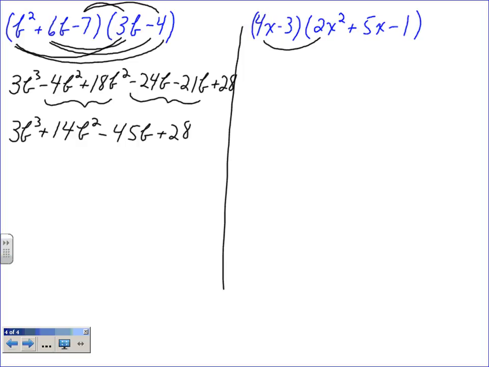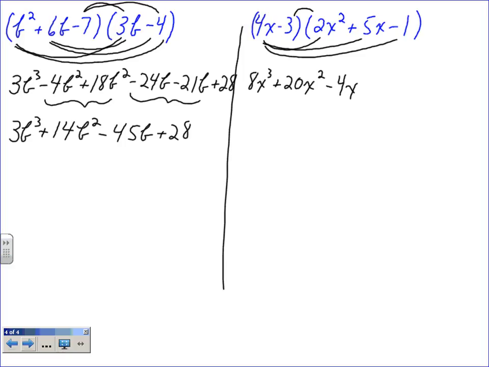4x times 2x squared gives me an 8x cubed. 4x times a positive 5x gives me 20x squared. And then 4x times negative 1, negative 4x. All right, now we'll distribute the negative 3.